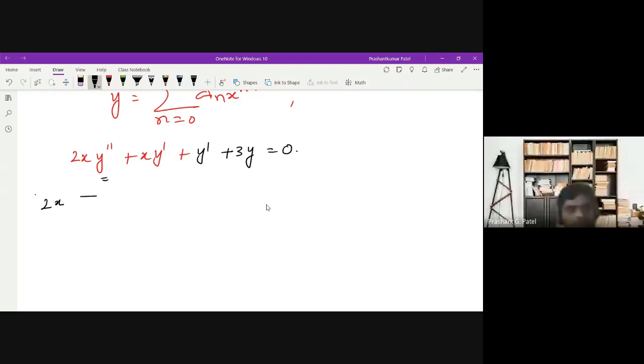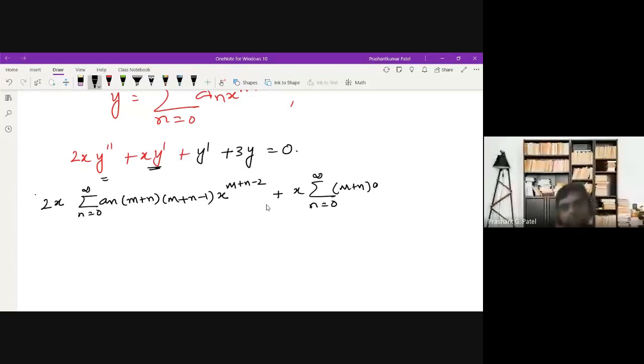Now let me write down the values of y double dash, y dash and y into this differential equation. So we'll have 2x summation n running from 0 to infinity a n (m plus n)(m plus n minus 1) x power m plus n minus 2, plus x into summation n running from 0 to infinity, the second term, (m plus n) a n x power m plus n minus 1, plus summation n running from 0 to infinity (m plus n) a n x raised to m plus n minus 1.